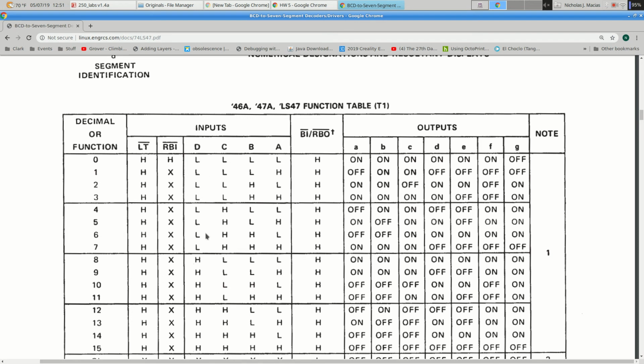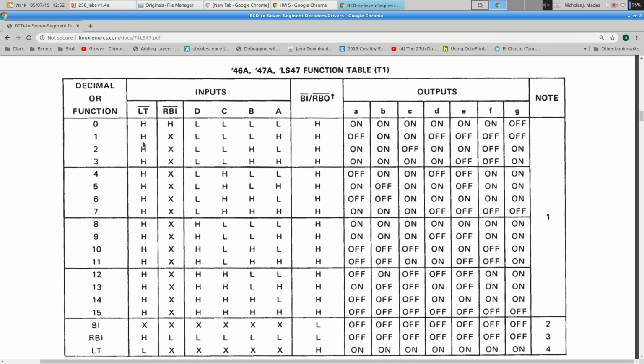And in all of those rows, it looks like D should be a 0. So connect D to ground. And it looks like C, B, and A should just be the binary version of the number you want to display. So S2 goes to C, S1 goes to B, S0 goes to A. So D to ground, your S outputs from your previous circuit go to C, B, and A.